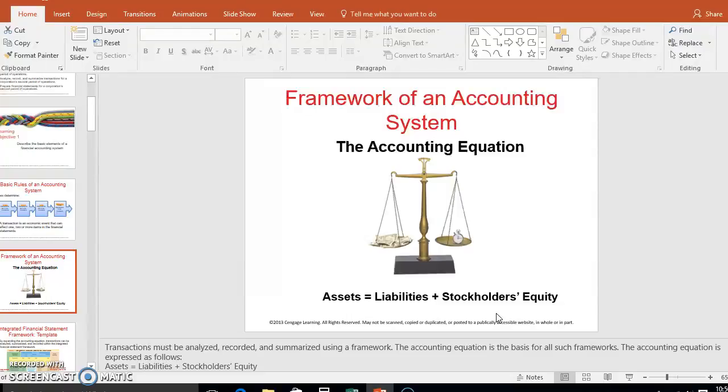So if you're starting up a business and one of the owners contributes some cash or some equipment, that increases the equity. And any money that the owners take out, so if you pay dividends to your owners, or if the owners decide to take some cash out because of some personal expenses they have, those are called dividends, and those decrease your equity. So that's a quick way to figure out which category a transaction is involved in.